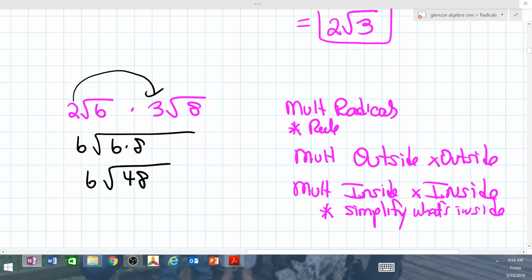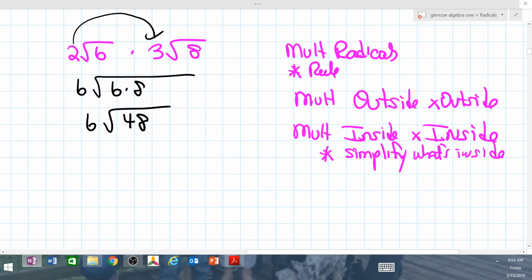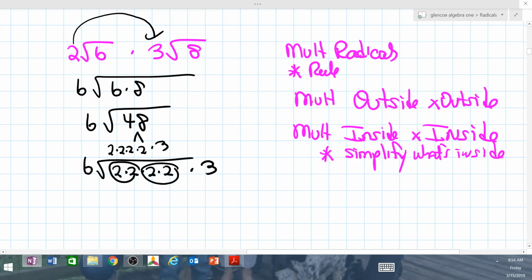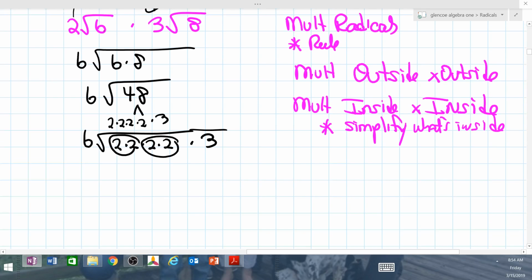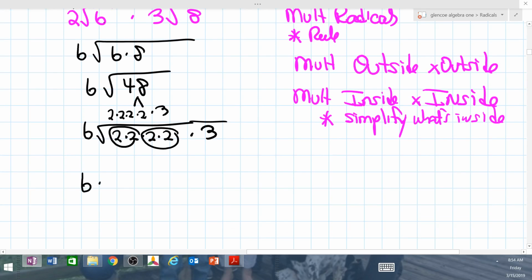Now we all know, because we simplified radical 48 before, that radical 48 can be prime factored, right? It breaks down to 8 and 6, or 2 times 2 times 2 times 2 times 3. 16 times 3. So this would be 6 times 2 times 2 times 2 times 2 times 3. So who's coming out of prison? How many 2s? You're going to multiply everything that's outside together, and who stays in prison forever?